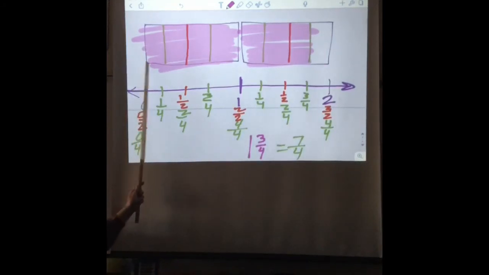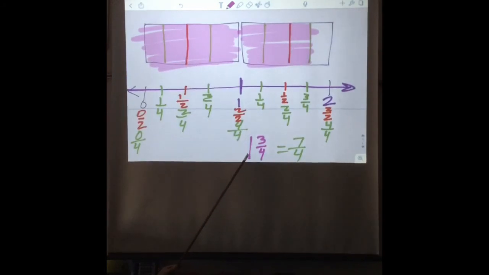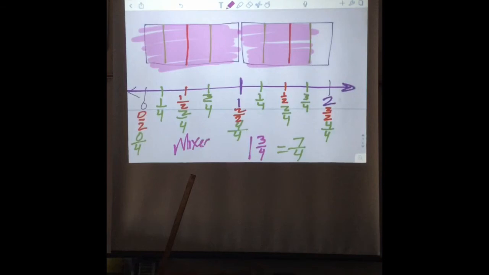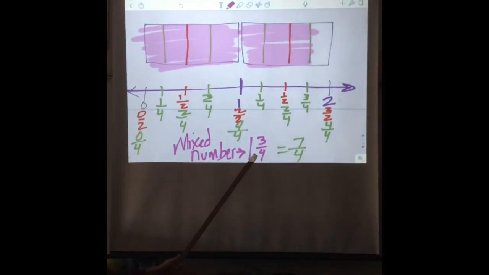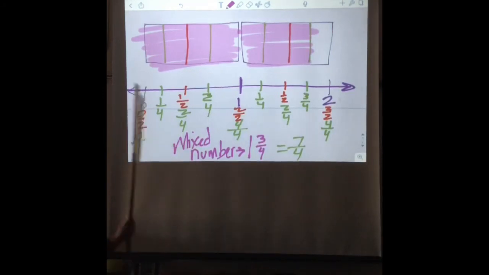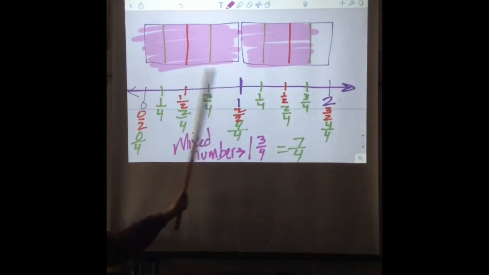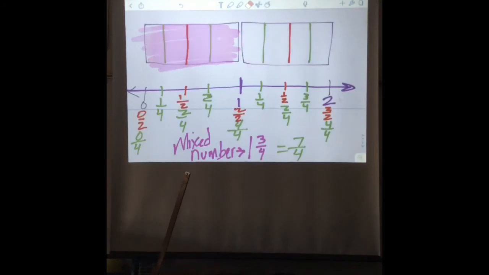But that really is one whole and 3/4. That's our mixed number. Okay? This is called a mixed number. Why is it mixed? Because we have a big number with a fraction. Okay? So that's how we do it when it's more than one whole. Okay? Let me take this off. I'll remove the mixed number.